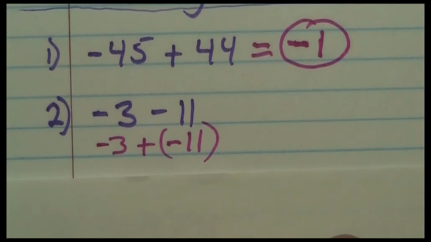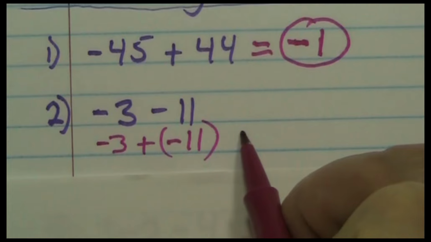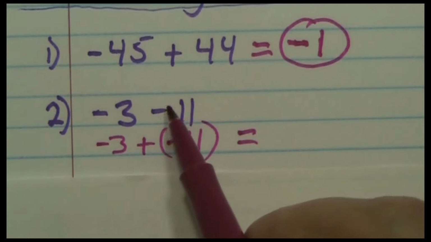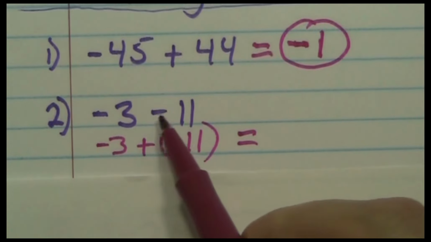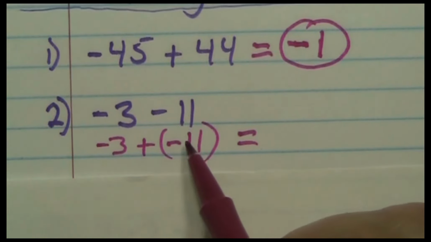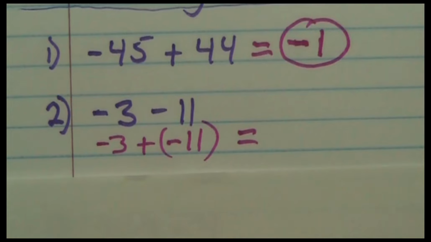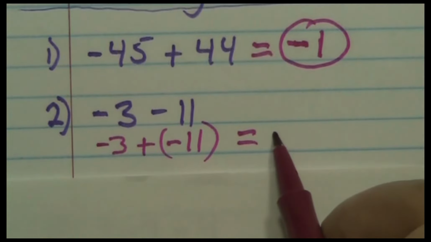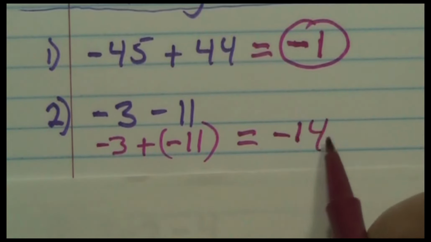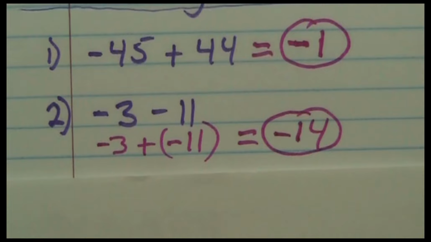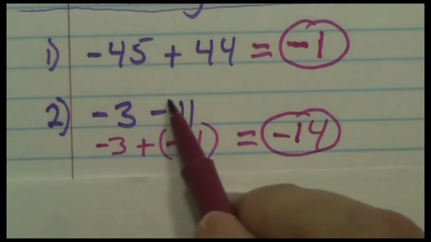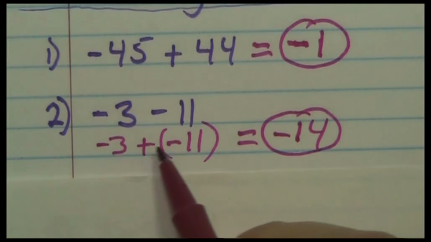It's the same thing. That's a hard concept for many students to recognize. But when you see this right there, that's the same thing as being a negative. Minus 11 and negative 11 will give you the same result. And so our answer is, if we have 3 negatives and 11 negatives, it's 14 negatives. They're not different signs. They are actually the same sign. It's just you can't recognize it in this form.